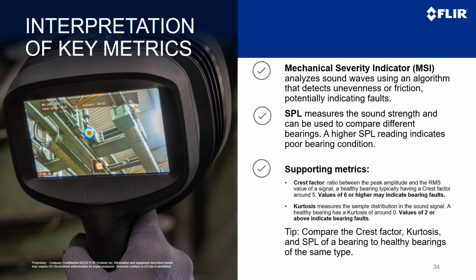And that's why we are introducing the SPL, crest factor, and kurtosis. For example, values of 6 or higher for crest factor, and for kurtosis values over 2, might indicate faults. But this is for supporting the information that you are having.